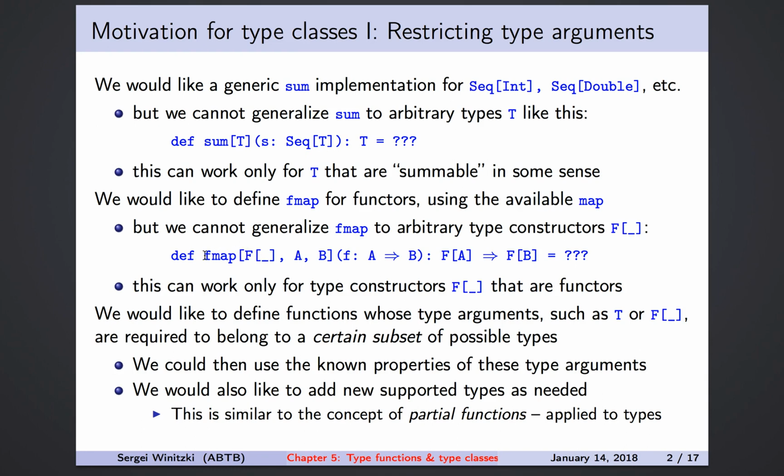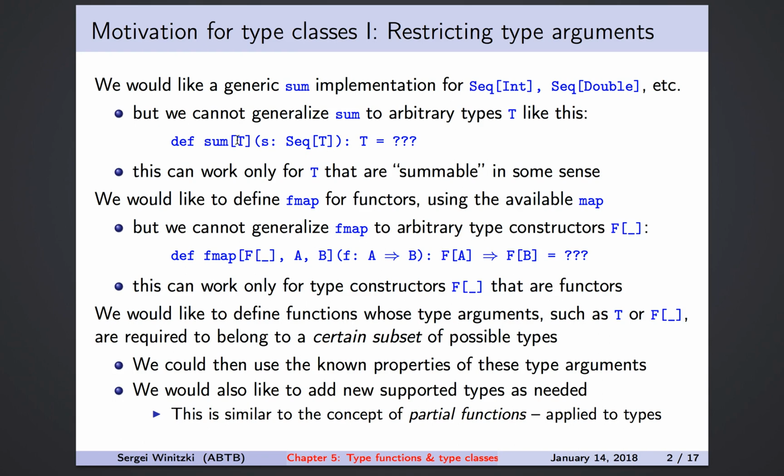So if we tried to write fmap like this, we will have fmap with type parameters. And we cannot write this code because f in here is an arbitrary type constructor parameter. And there's no way for us to get the map function for that f. We don't even know if it exists.